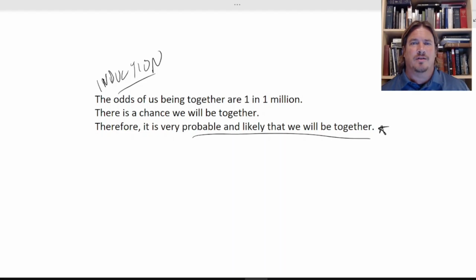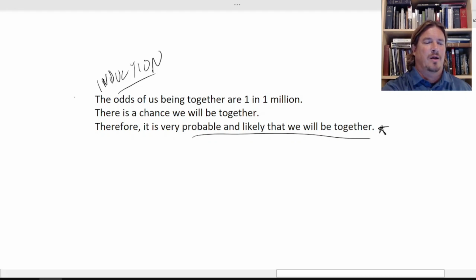There's a conclusion that's inferred that doesn't have to absolutely follow, but it's a probabilistic inference, maybe a prediction, right? So the argument is something like premise 1, the odds of us being together are 1 in a million. Premise 2, there is a chance that we will be together. Therefore, the conclusion is something like it's very probable and likely that we will be together.